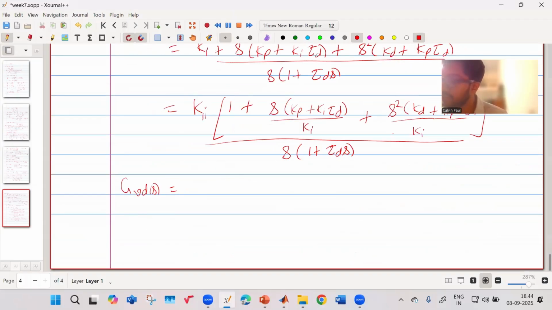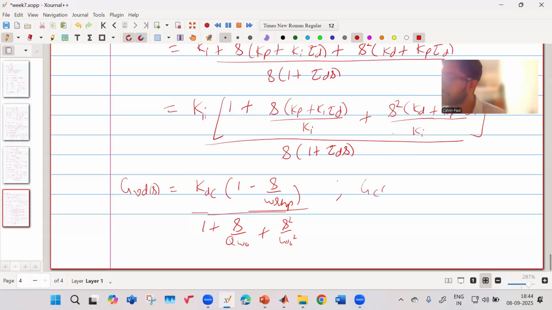Gvd of s is Kdc into (1 minus s upon omega RHP) upon (1 plus s upon Q omega naught plus s square upon omega naught square).